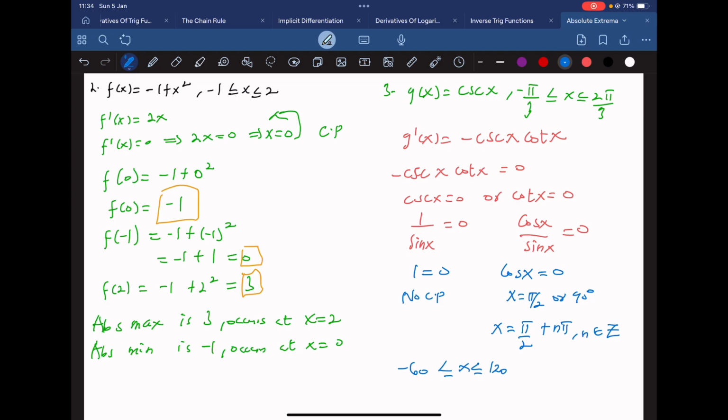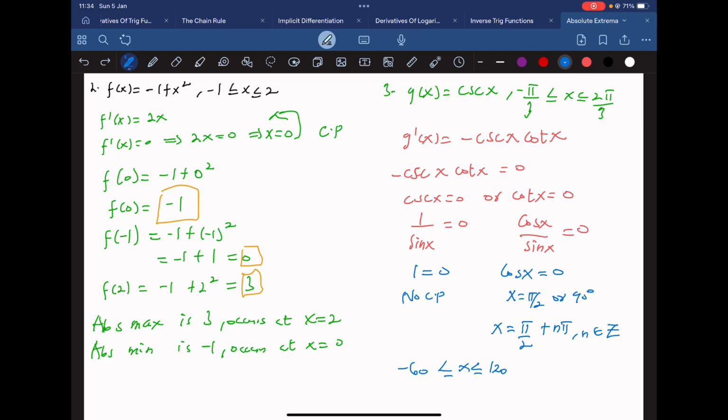Okay, so now when n is equal to 1, we get pi over 2 plus pi, which is 90 plus 180, which is 270. So we can see that this exceeds 120, so we can't use it, right? Now when n is equal to 2, obviously it's also going to exceed 120, so we can't use it. So now let's decrease.